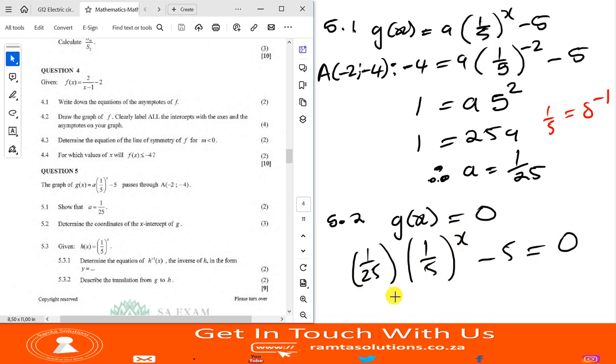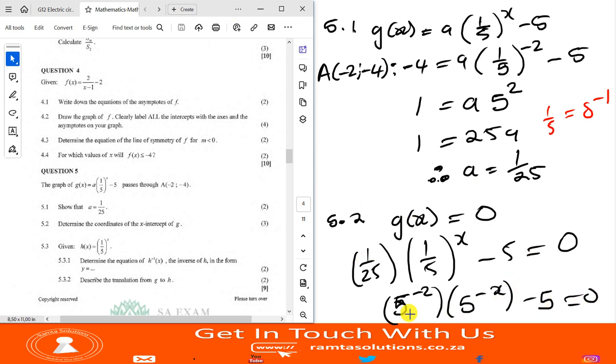Let me simplify this: this will be 5 to the negative 2, and this will be 5 to the negative x, minus 5 equals 0.